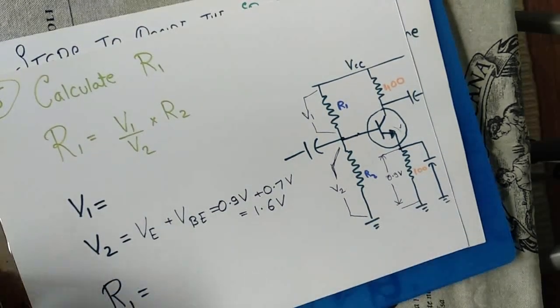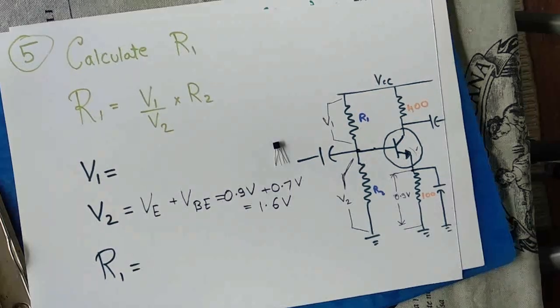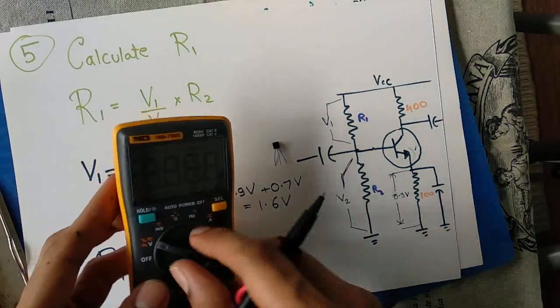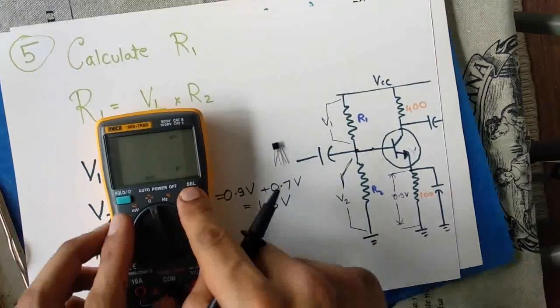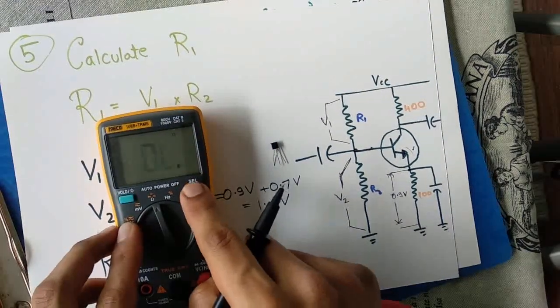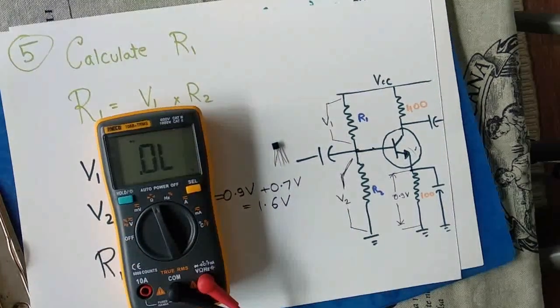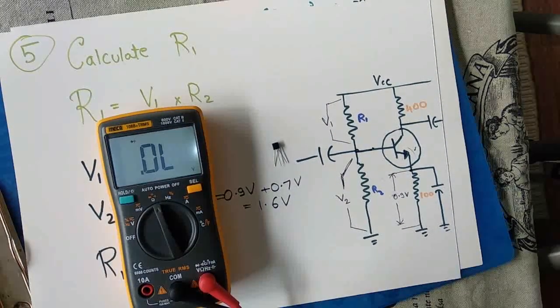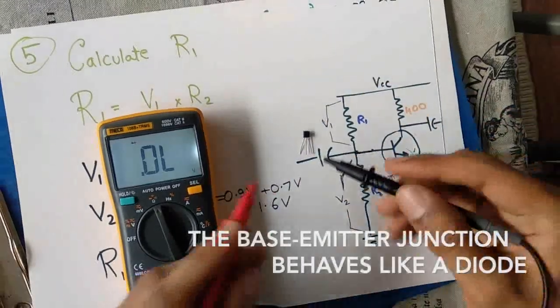And also, just in case, here's a transistor, a 2N3904. I'm going to set the multimeter to the diode mode, and if I measure the forward voltage of this diode, it comes out to be 0.7 volts.